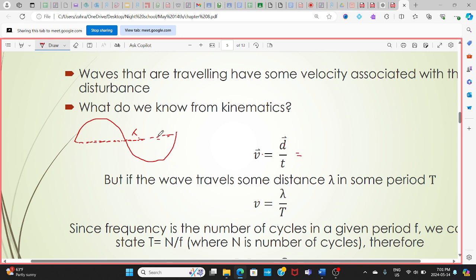The distance of one cycle is lambda, and the time of one cycle we define as period. So easily we can show that the velocity is lambda over period. And the unit for lambda, which is wavelength, is meter, and the unit for period is second. So meter per second. It really makes sense, right?